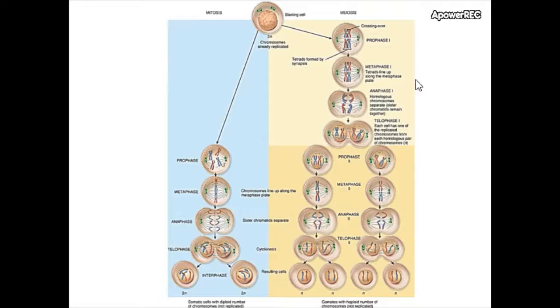Okay, so in meiosis 1, they remain diploid for the cell, and in meiosis 2, they are haploid throughout the cell. My apologies. Actually, in telophase at the end of meiosis 1 is when they become haploid as the cell splits. So anyway, those are the major differences between the two.